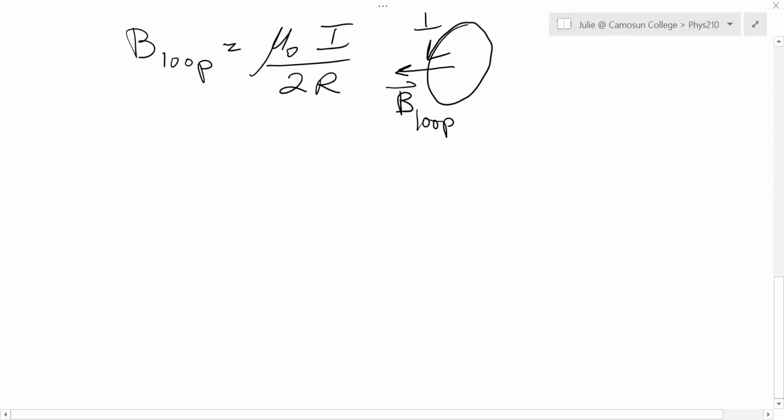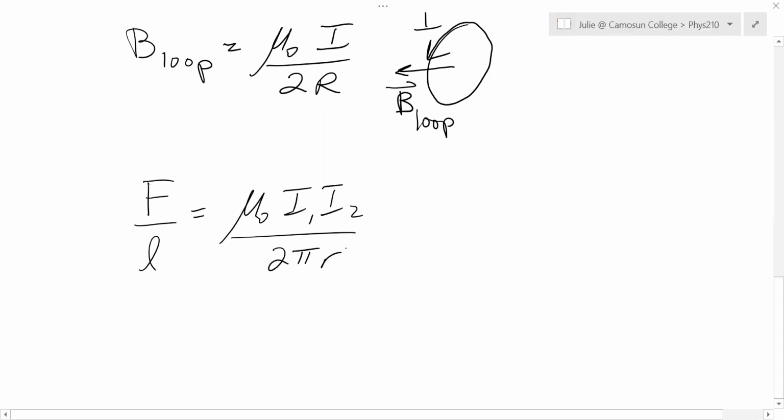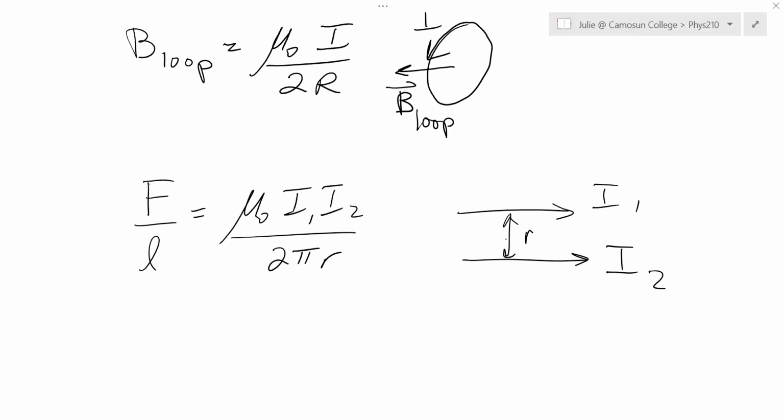The next formula is for the force between two wires, force per unit length. So this has to do with if you have two currents, I1 and I2, and they're separated by a distance r. The force per unit length on them depends on their product and the distance between them. If they're going in the same direction, let's see, do they attract or repel?